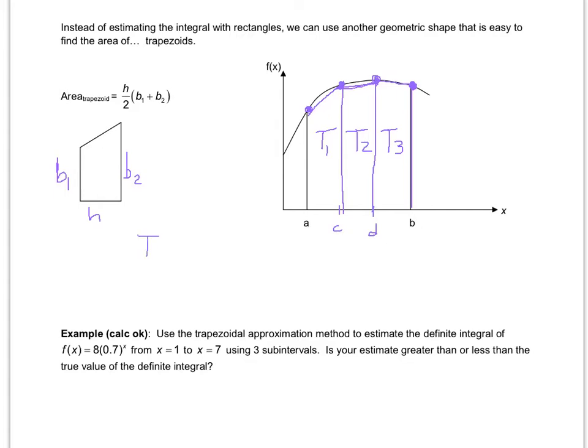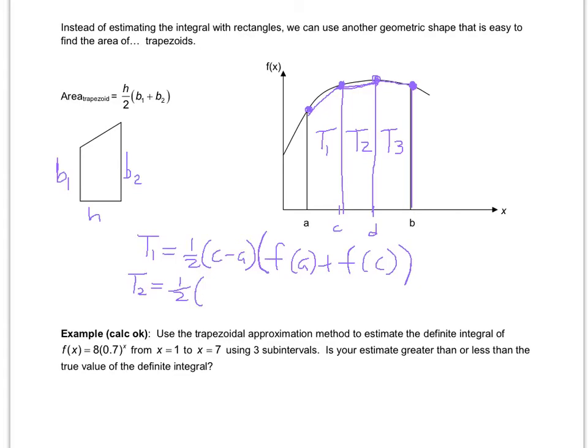So T1 would equal 1/2 the height, which would be C minus A, times the base 1, which would be f of A, plus the base 2, which is f of C. The second trapezoid would be 1/2.